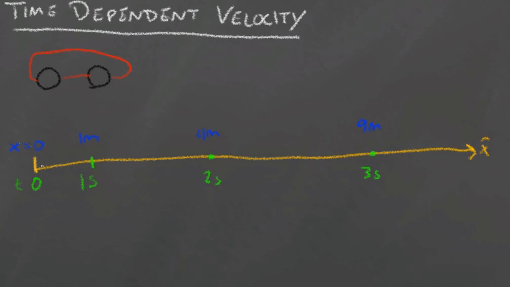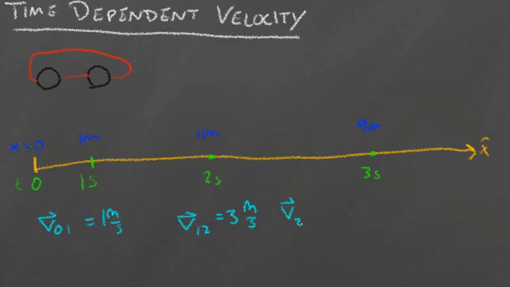Because we see in the first time interval, our velocity from time 0 to 1 is 1 meter per second, because we went 1 meter in 1 second. Our velocity from time 1 to time 2 is 3 meters, because it's 4 meters minus 1 meter, so 3 meters in 1 second, or 3 meters per second.